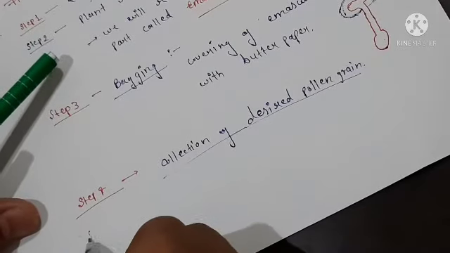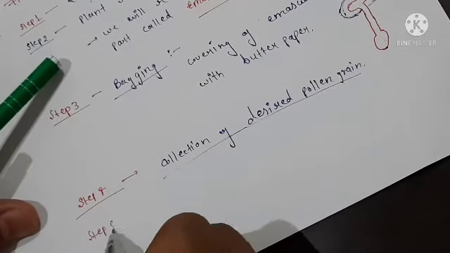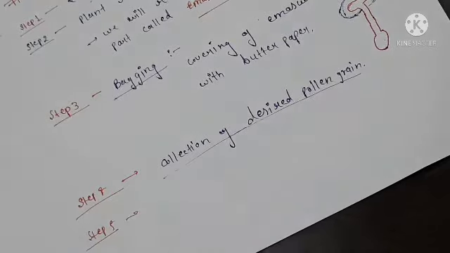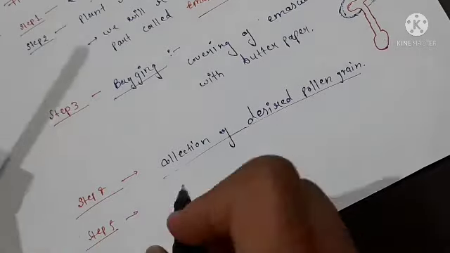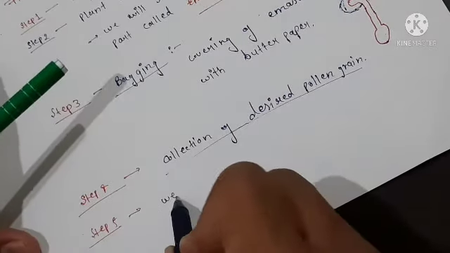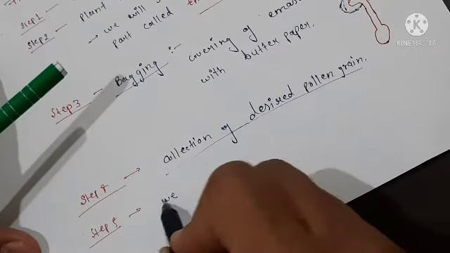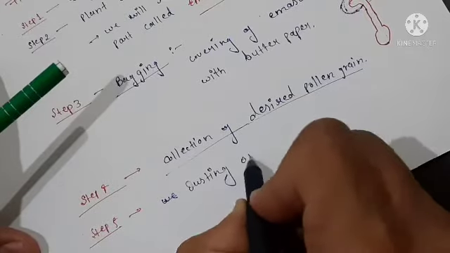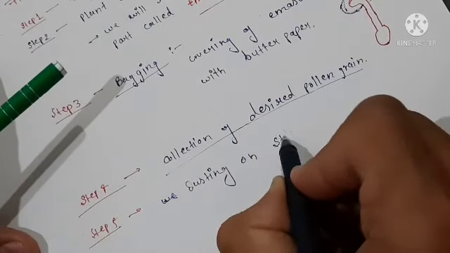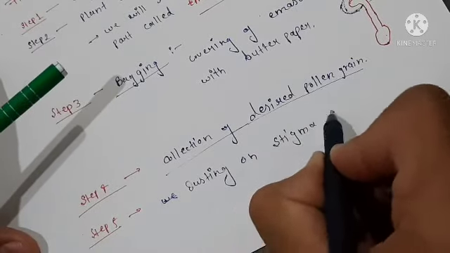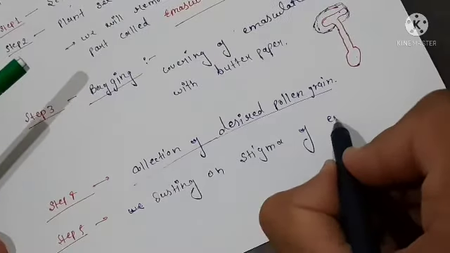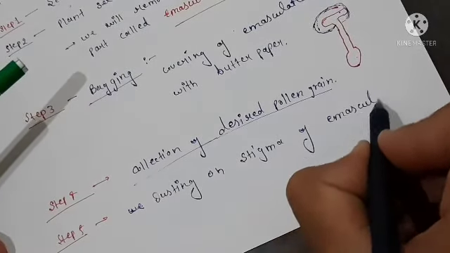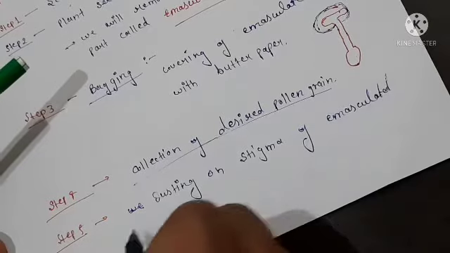In step 5, we will do dusting on the stigma of the emasculated flower.